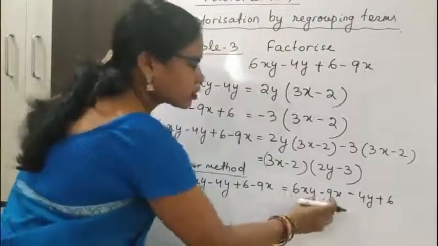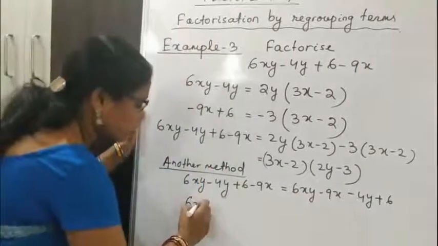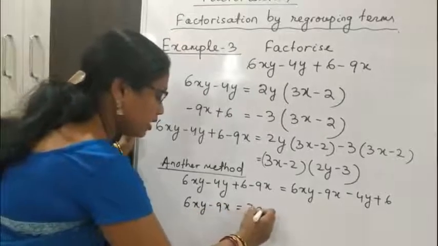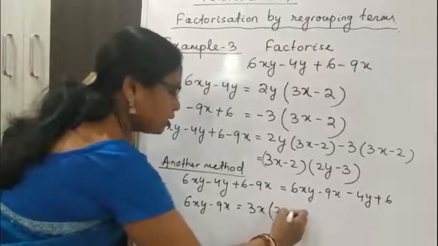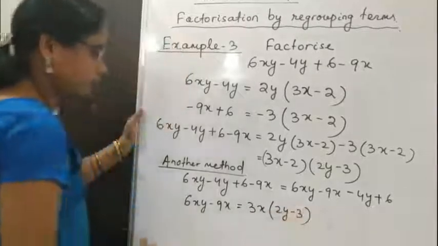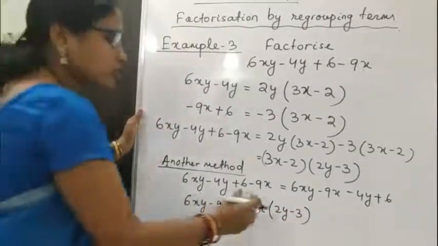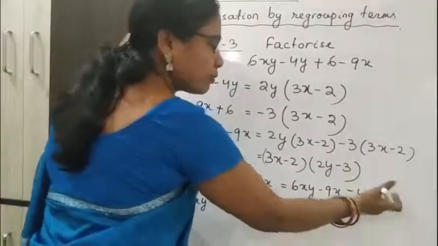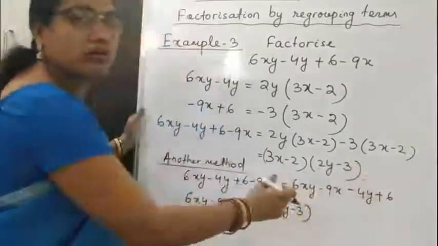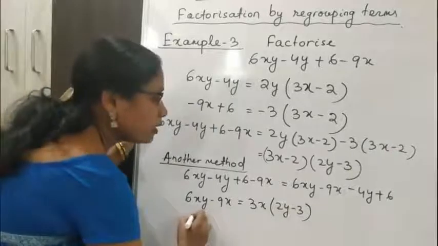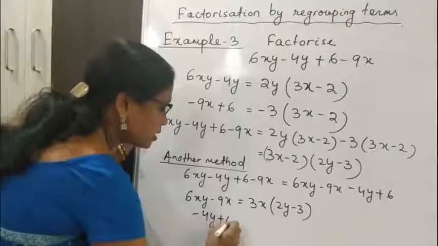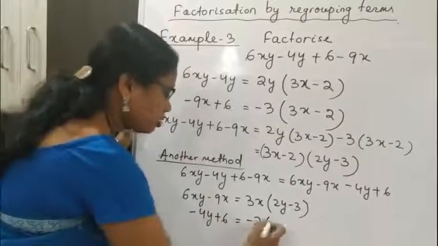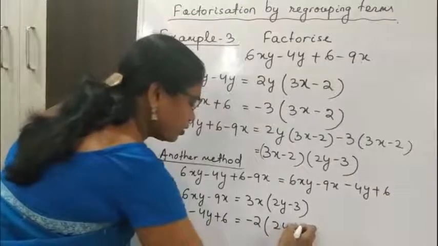Here 6xy minus 9x have the common factor 3x, so 3x into 2y minus 3. To get 2y minus 3 from the last two terms, we have to change the signs. So this is minus 4y plus 6. If we take minus 2 common, we get minus 2 into 2y minus 3.